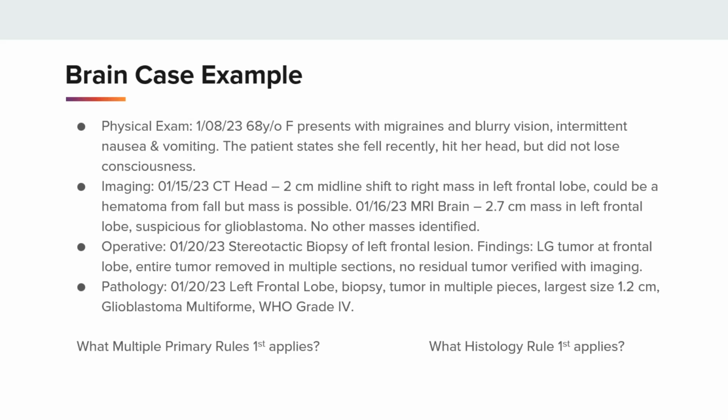The patient fell recently, hit her head, did not lose consciousness. The CT of the head showed a 2 centimeter midline shift to the right, mass in the left frontal lobe. Could be a hematoma from a fall, but mass is possible. The MRI brain showed a 2.7 centimeter mass in the left frontal lobe, suspicious for glioblastoma.